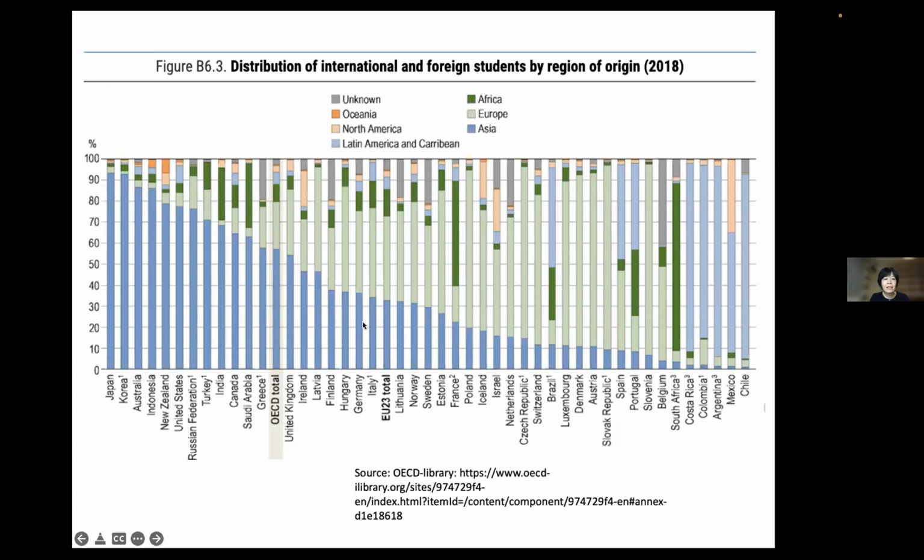I guess you can see that it's very regional. Japan, Korea, and Australia, if we see Asia Pacific, see mostly Asian students. Obviously, the United States also has a lot of Asian students as traditional destination, but European regions see a lot of European students, and the South American countries, Latin America and Caribbean, also see a lot of intra-regional mobilities.